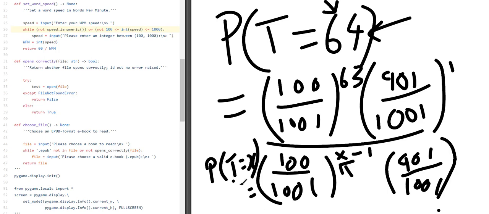So this is sort of the probability that t equals x.